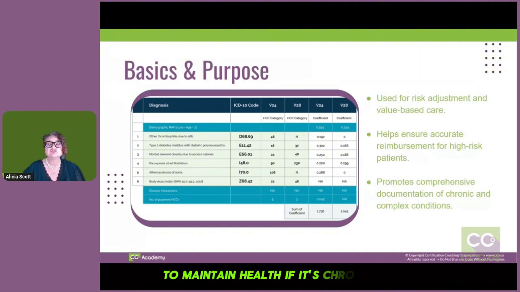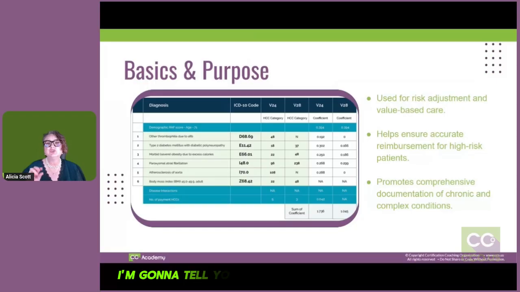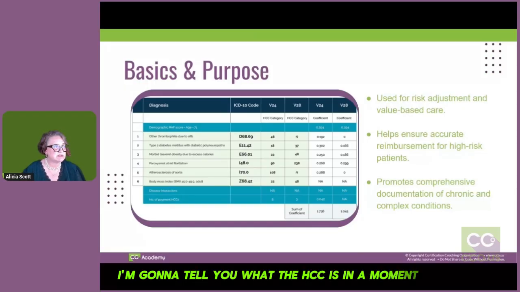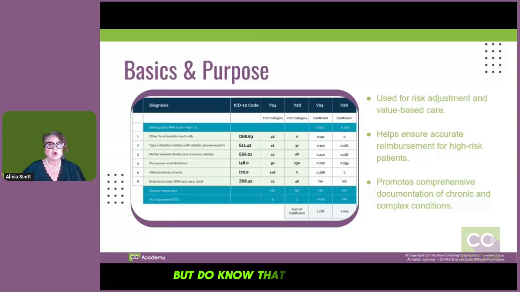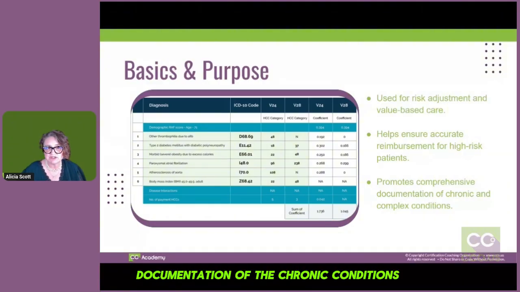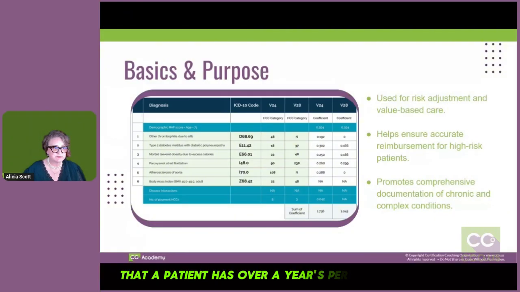If it's chronic, it probably carries an HCC. I'm going to tell you what the HCC is in a moment, but do know that the purpose is to create this comprehensive documentation of the chronic conditions that a patient has over a year's period of time.